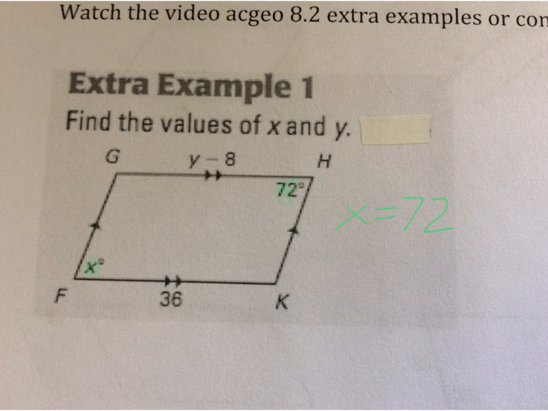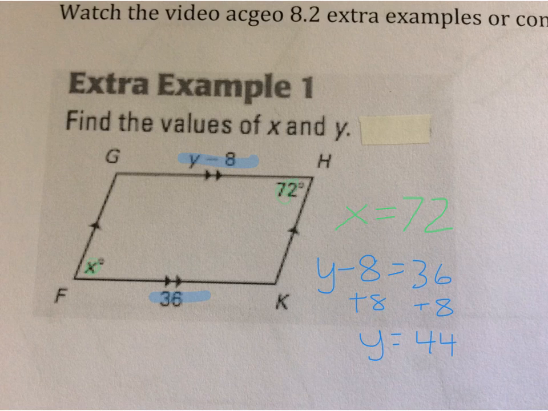We also know that opposite sides are congruent. So we set y minus 8 equal to 36, add 8. So y must equal 44.